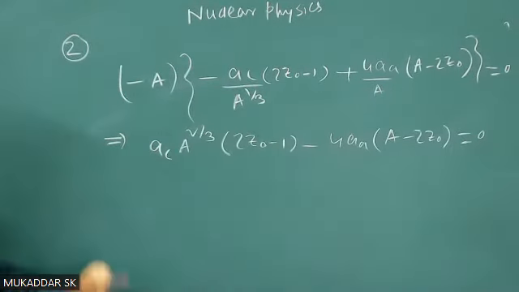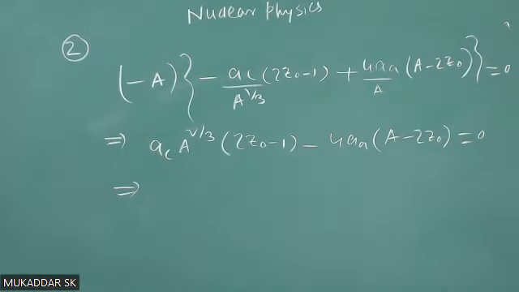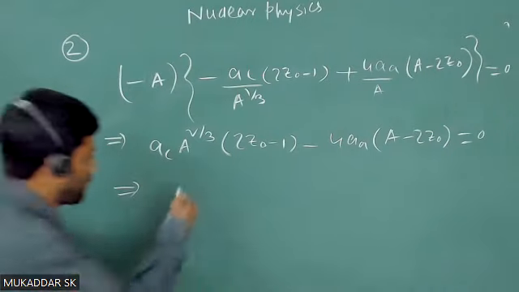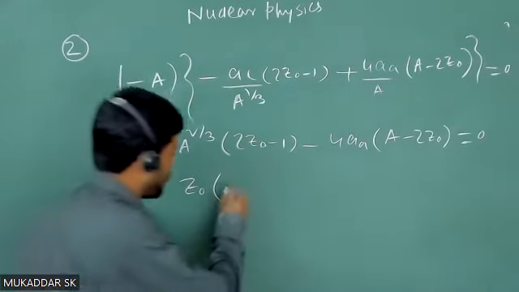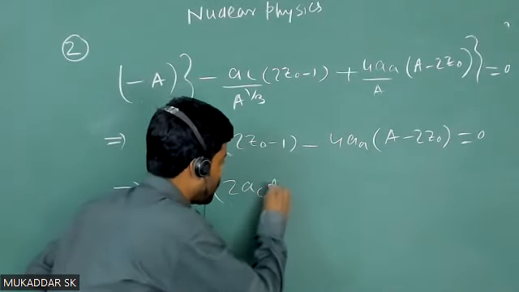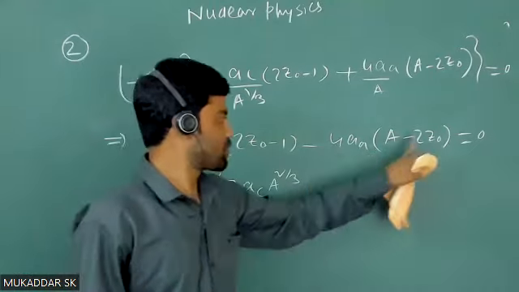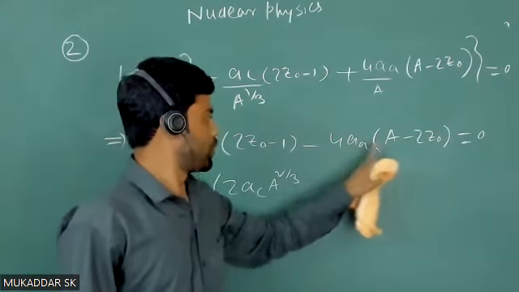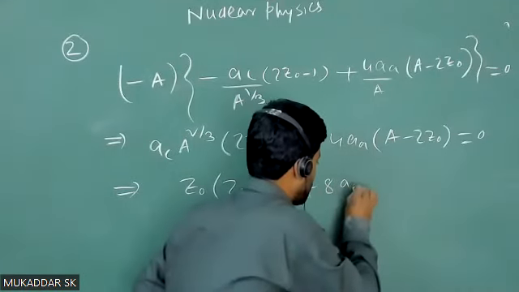Okay. Again I'll use the same step, I'll keep Z0 common. So in the first term, that will provide you twice A_C A^(2/3). In this term, you'll have minus into minus, 2 into 4, that is equal to 8, and then we will have A_a.